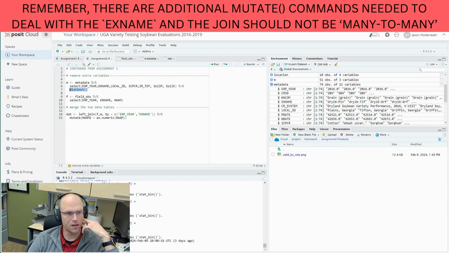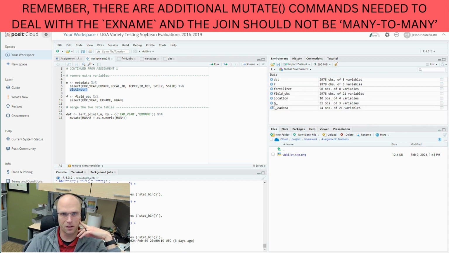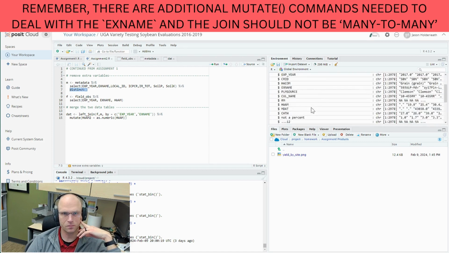So if there's any variation, like if the irrigation or soil P or soil K differs by experiment year, experiment name, and local ID, then we could have some interesting joining of the tables, and we'd have to really dig in a little deeper even. But let's see if we can avoid that.